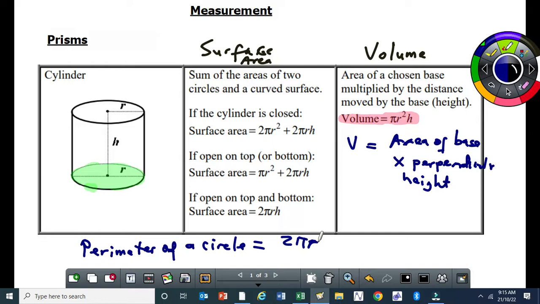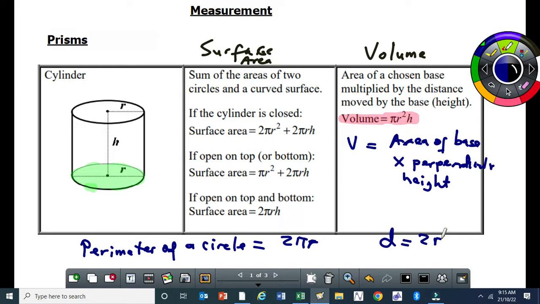So if you are to calculate perimeter, the radius has to be given, or you must be given the diameter. What is the relationship between the diameter and the radius? The diameter d is 2 times the radius.